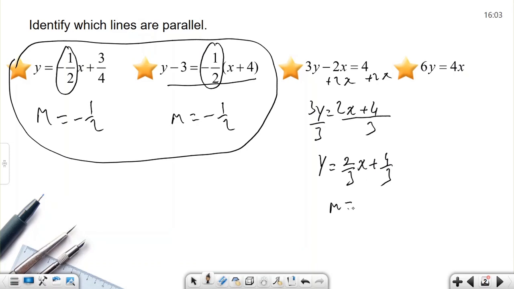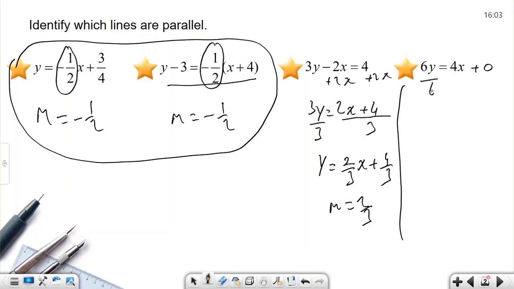So what is the slope? Slope equals 2 over 3. I'm going to check the other one. If it has the same slope as the previous one, they are parallel. Let me write that in slope-intercept form. I have 6y equals 4x, think of it as plus 0.